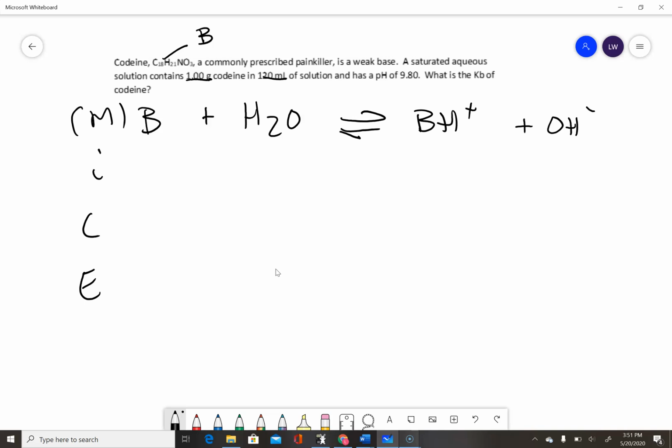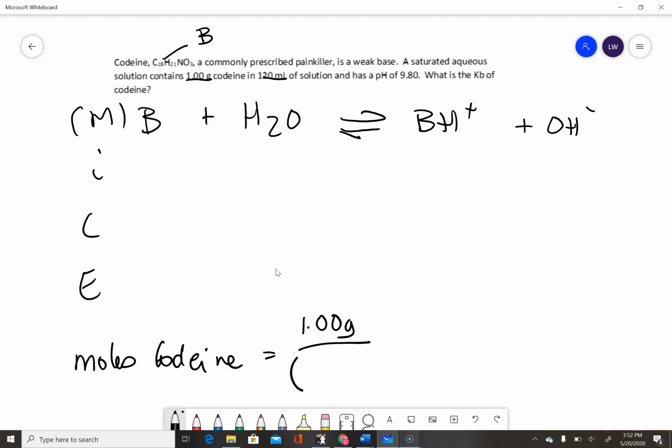So we've got to go ahead and calculate the moles of codeine. And that's always going to be equal to your grams over your molar mass. So I'm going to have to calculate the molar mass.